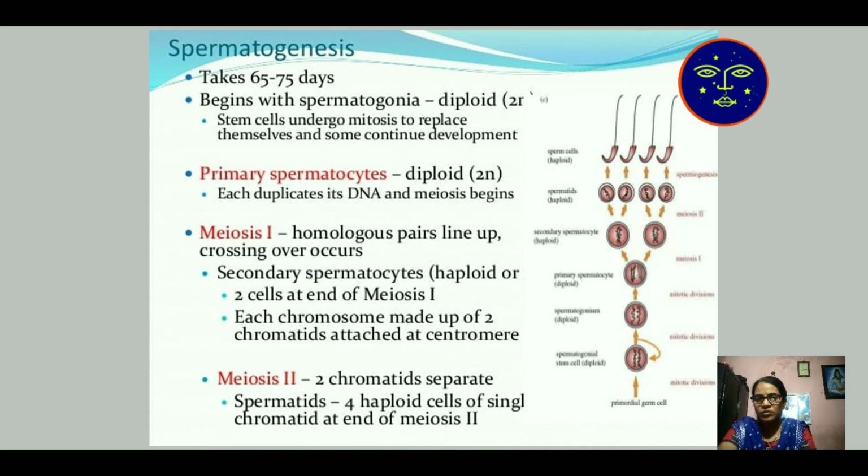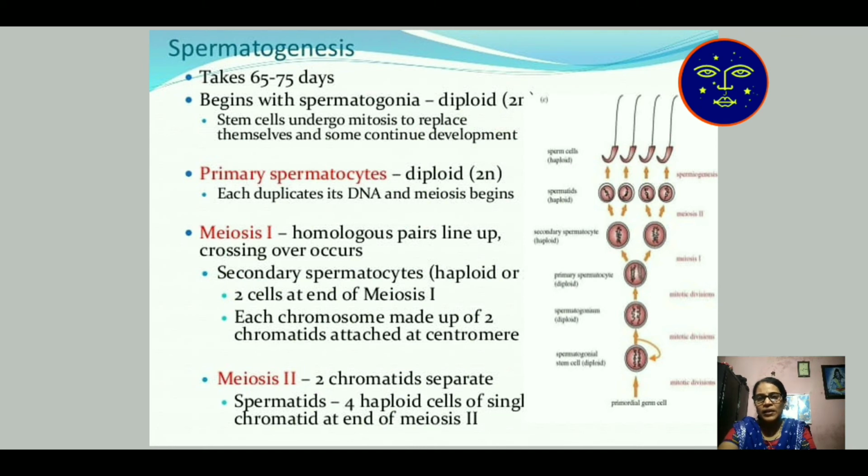The primary spermatocyte is diploid with 2n number of chromosomes and is produced by mitosis.